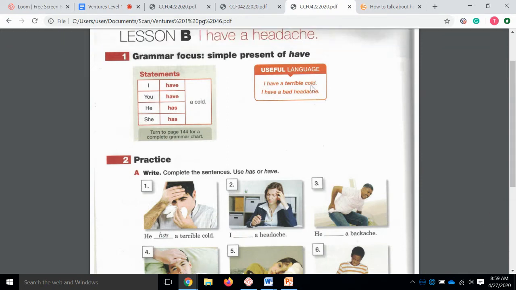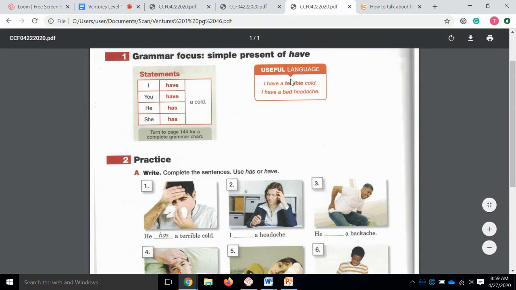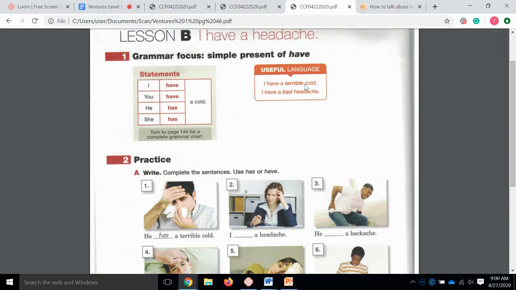A thing is a noun. But when we get more information about a thing, that's called an adjective. So in this case, terrible describes more about the cold. It gives us more information about the cold. And so terrible is an adjective that describes cold. Bad is an adjective that describes headache.